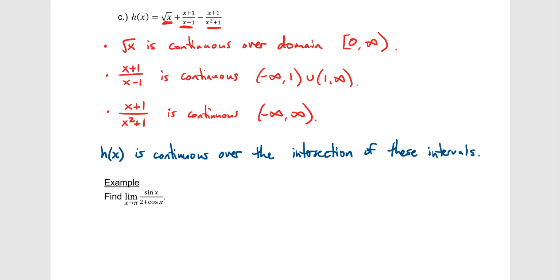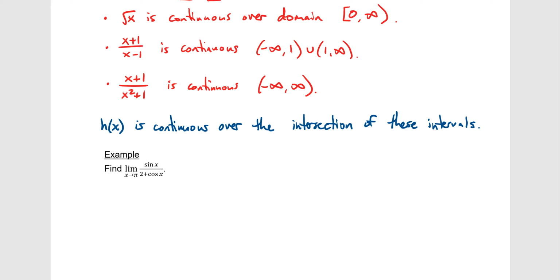We can't include any of these negative numbers over here. So all we have to do is 0 to infinity, but exclude x equals 1. So 0 to infinity, but excluding x equals 1, is going to be written as 0 to 1, union 1 to infinity. So that is where that function is continuous.